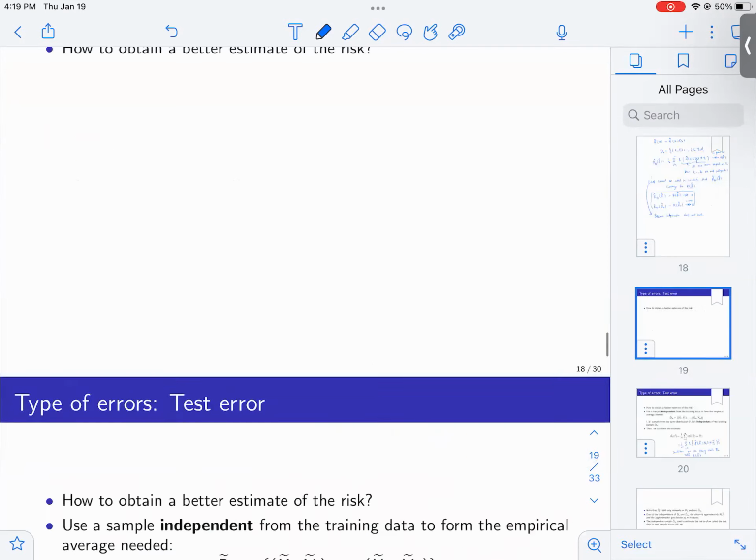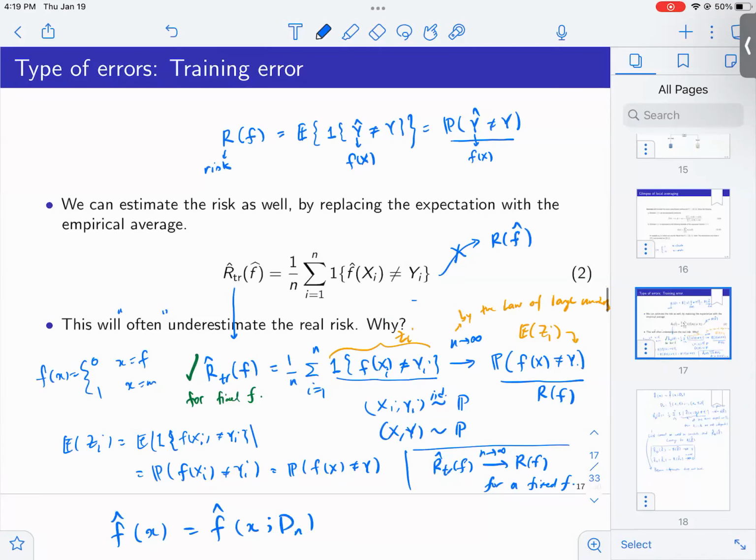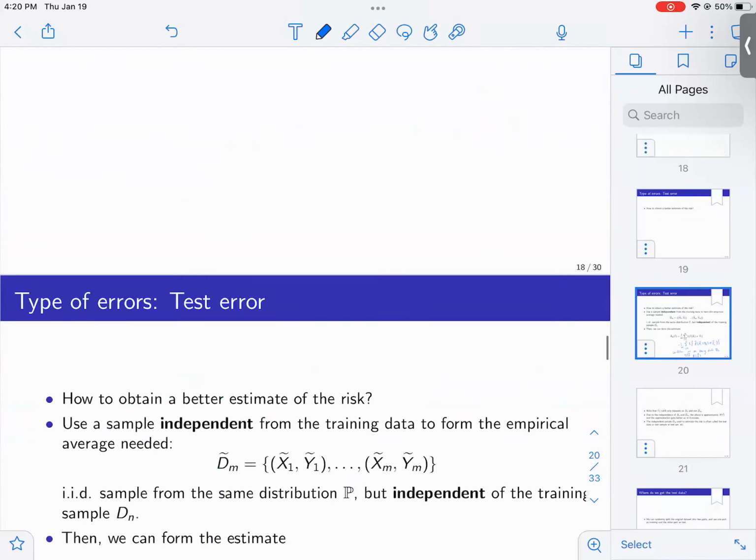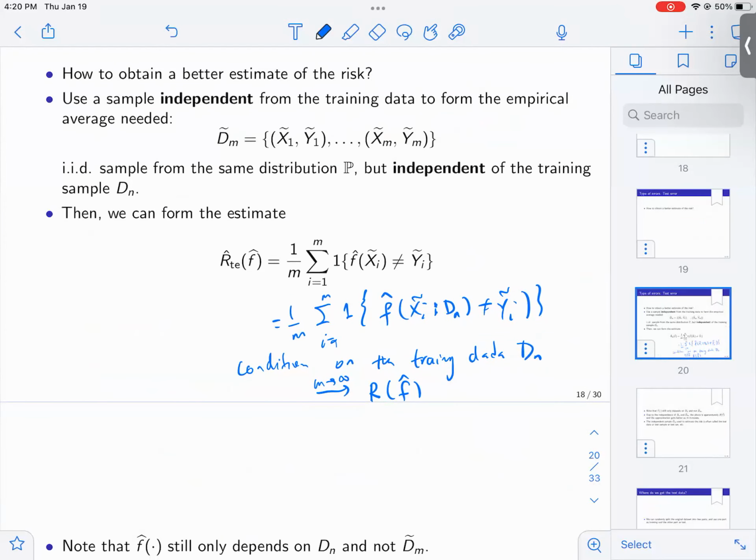If you understood this argument that I mentioned about the fixed f, once you fix your training data, it's like a fixed function. Once this is fixed, there's no randomness. So conditioning on training data, this is fixed. Then the randomness is only on the data that you're evaluating on, which is the test data, and each term in that random series here, let's do it here. So once I fix the rule, now the randomness only is these tilde things.